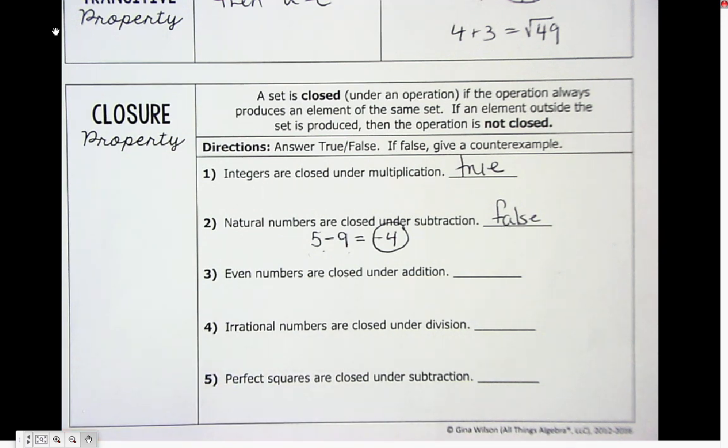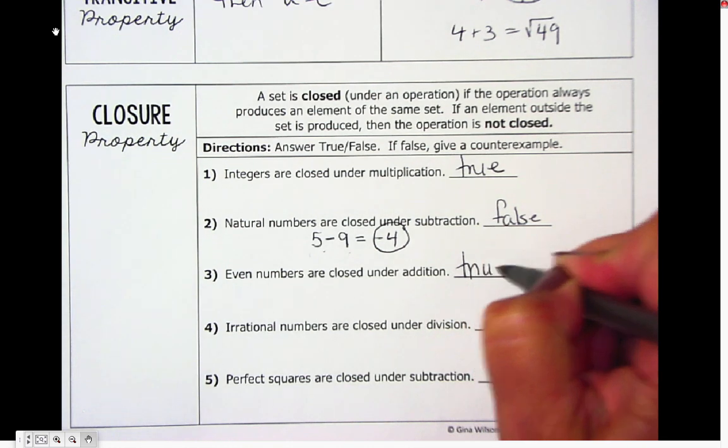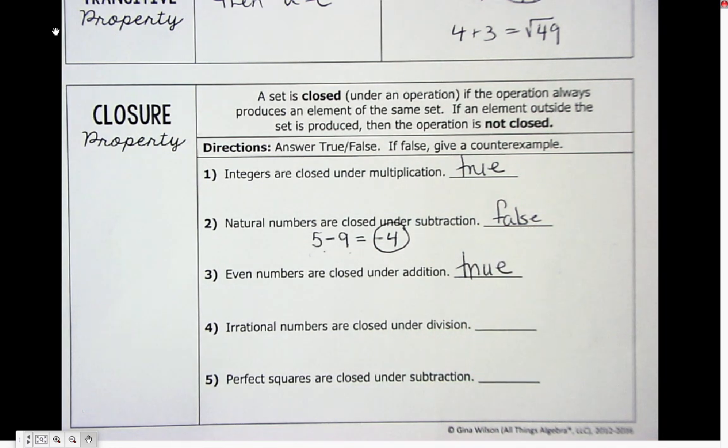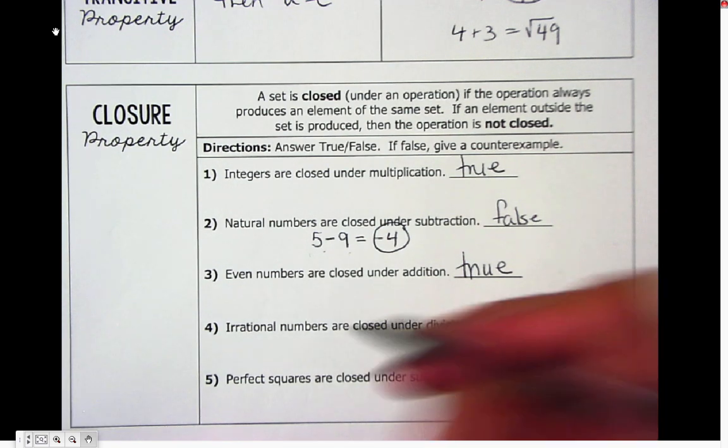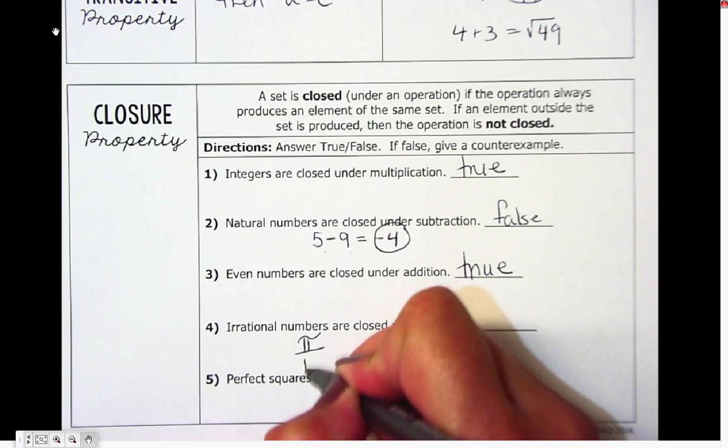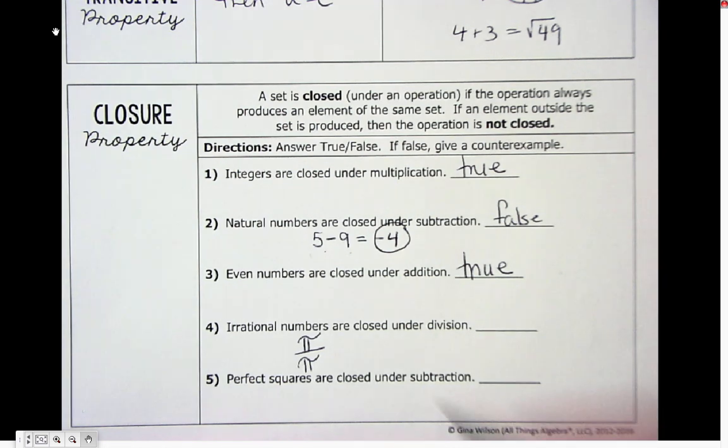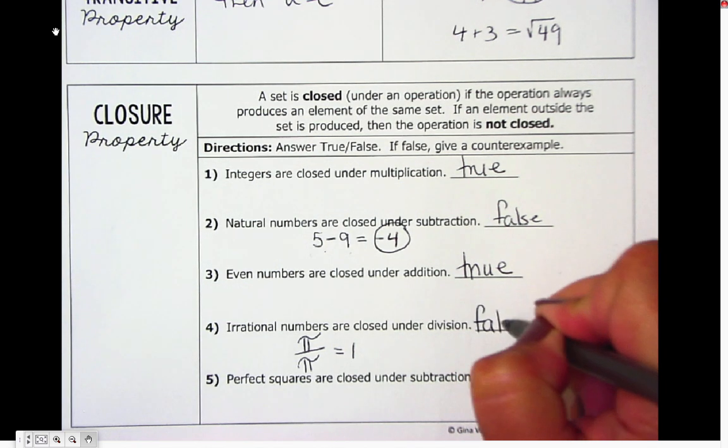Okay, the next one, even numbers are closed under addition. Well, if I add two even numbers together, I'm always going to get another even number, so that one's going to be true. Then we have irrational numbers are closed under division. Well, if I divide two irrational numbers, let's say pi divided by pi, I get 1. 1 is not an irrational number, so this would be false.